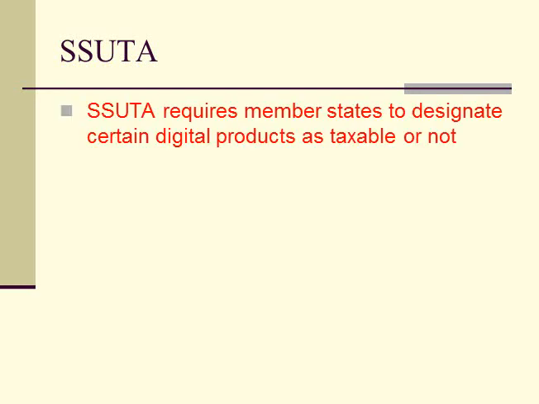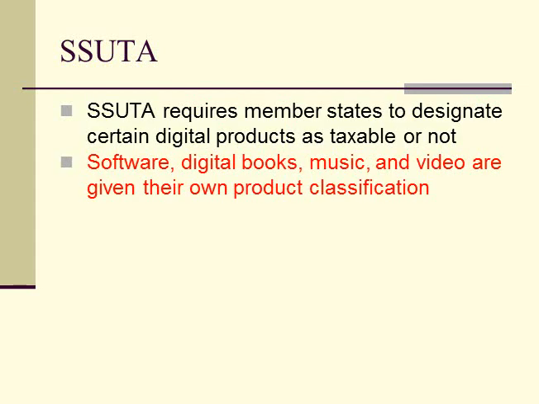We have mentioned the SSUTA several times in this lecture. The SSUTA requires member states to indicate in their statutes the taxability of all digital products. A state's laws must include product categories of software and specified digital products, which includes digital audiovisual works, that is video, digital audio works, music, and digital books.